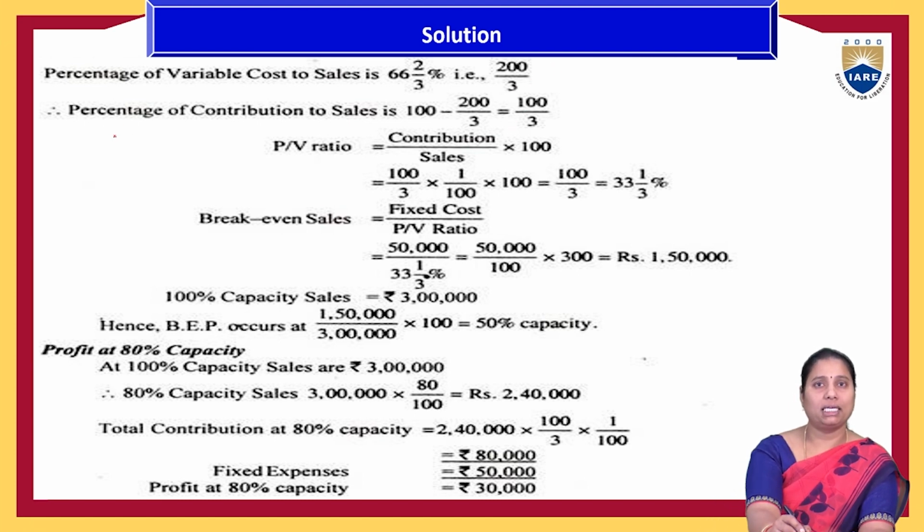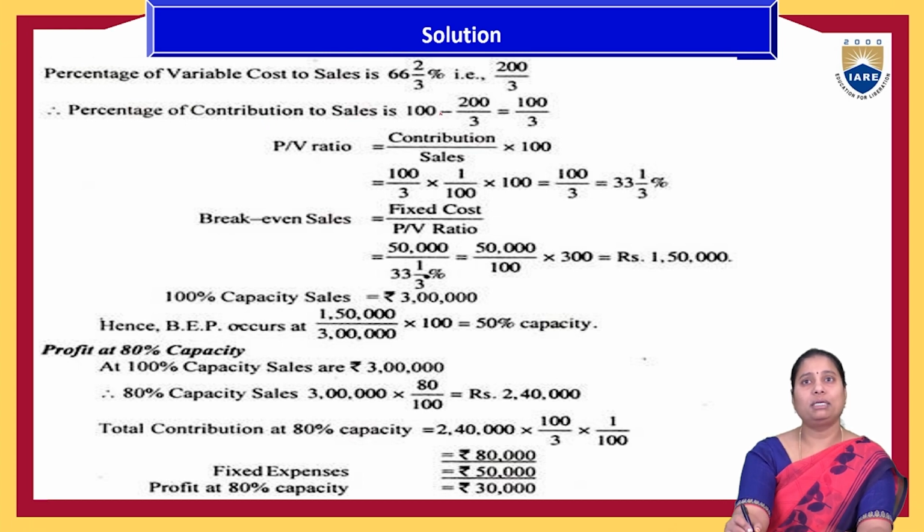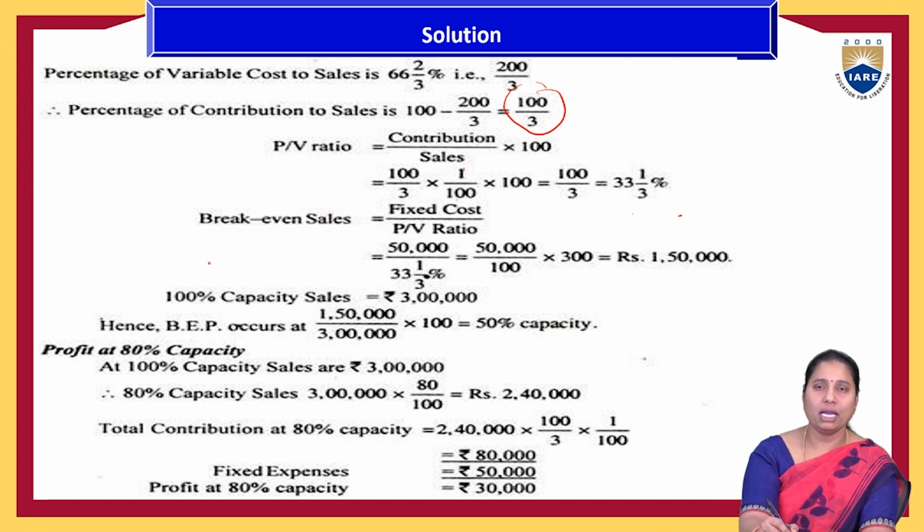The percentage of contribution to sales is 100 minus the percentage of variable cost, that is 100 divided by 3. From this we calculate the P/V ratio, that is contribution divided by sales into 100. The contribution is 100 parts of 3 and the sales we assume as 100, so it is 33 1/3%.